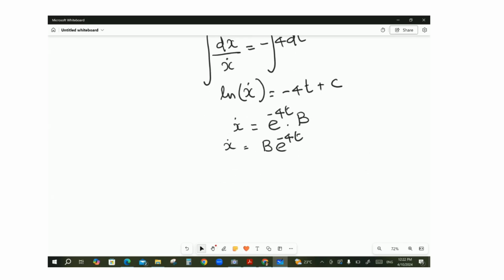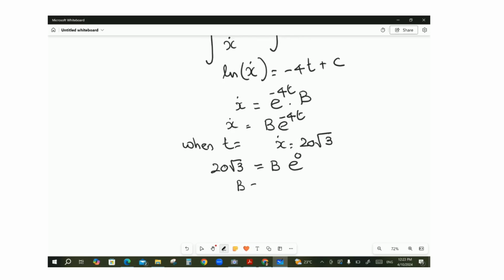Now the initial velocity along the horizontal direction, when t is equal to 0, x dot was 20 square root of 3. Then I can substitute these values to find the constant b. 20 square root of 3 is equal to b e to the power 0. So therefore b is equal to 20 square root of 3.